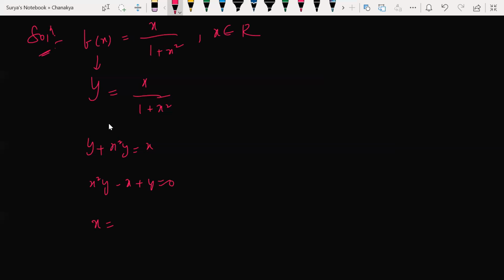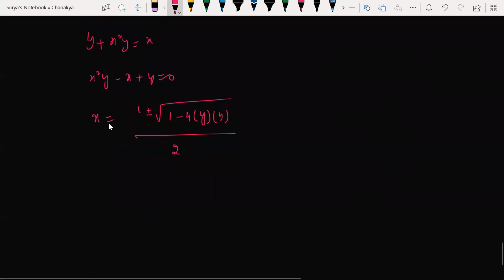x can be written as minus b plus or minus square root of b square minus 4ac, whole divided by 2 times a, right? So x is equal to 1 plus or minus square root of 1 minus 4y square, by 2y.